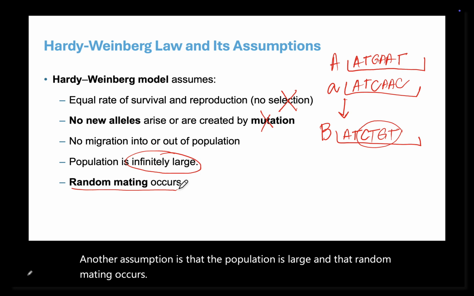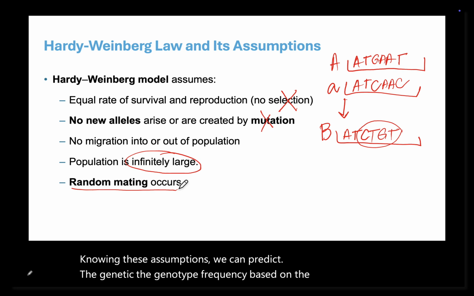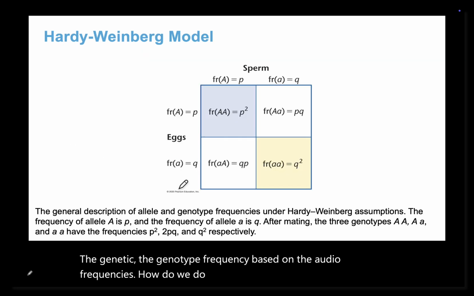Knowing these assumptions, we can predict the genotype frequency based on the allele frequencies. How do we do that? Let's look at our Punnett square.